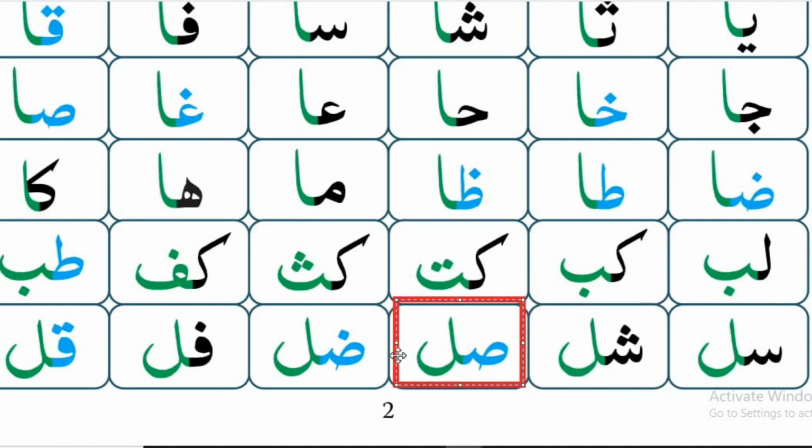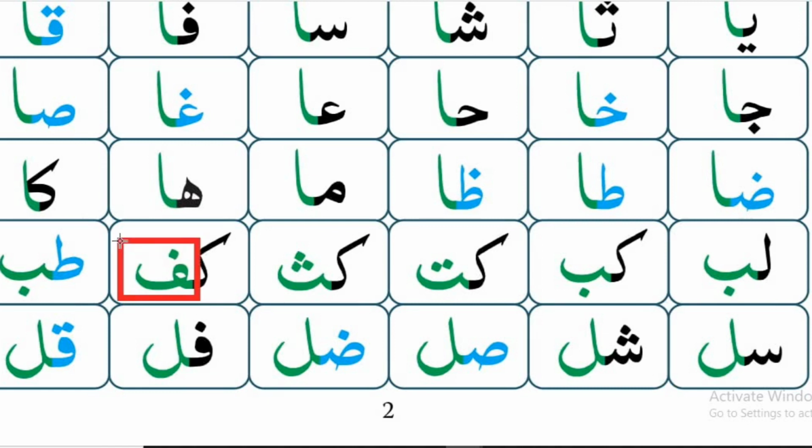And here it is swad, the half shape of swad, and the next is the full shape of lam. So swad, lam. And this one, dod, half shape of dod, and the full shape of lam, dod, lam. And here it is the half shape of fa, and the next is the full shape of lam, fa, lam.